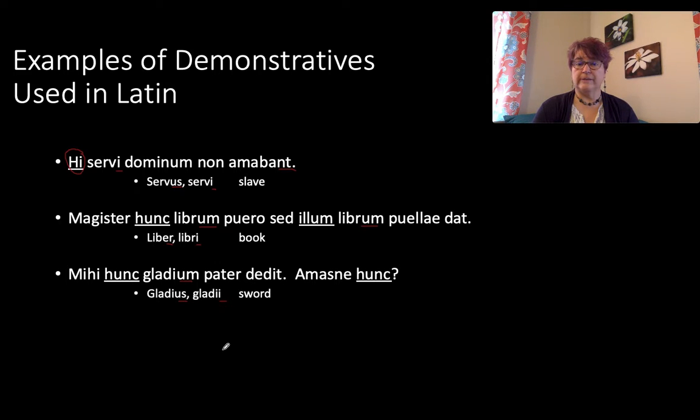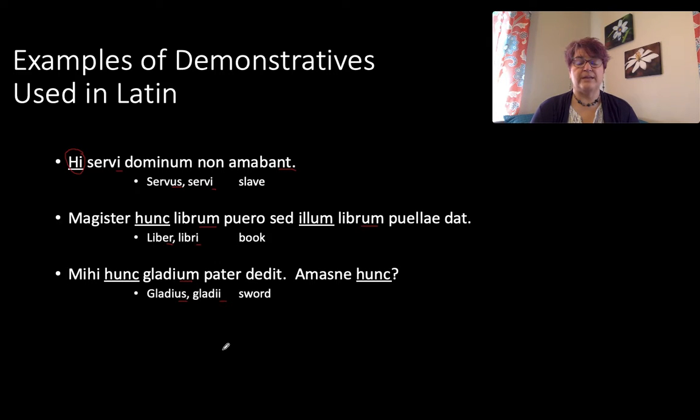Amasne hunc? Amas is just the verb amo, amare, and the ne on the end of it turns the entire phrase into a question. So, do you like hunc? It means this, but to what am I referring? And this is our first look at the demonstrative being used as a pronoun. We'll talk more about that in the next part of this lesson, but just take a quick peek at it right now.